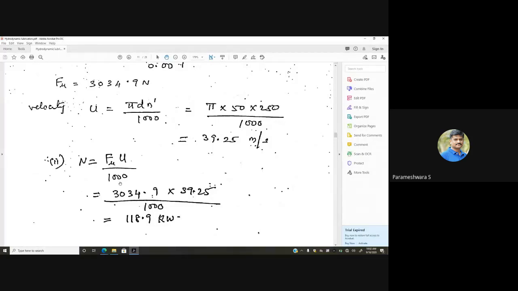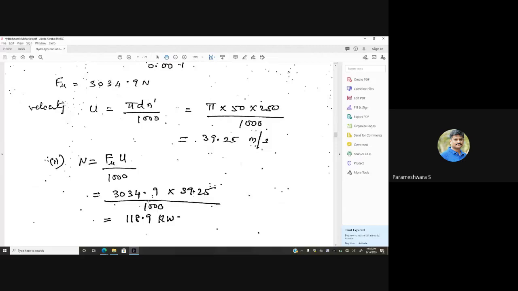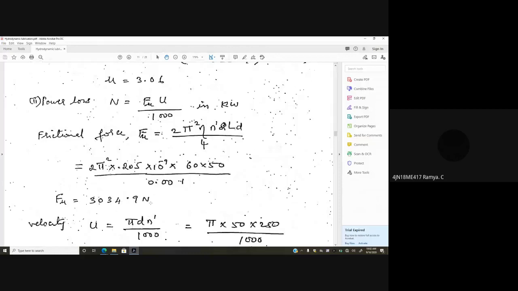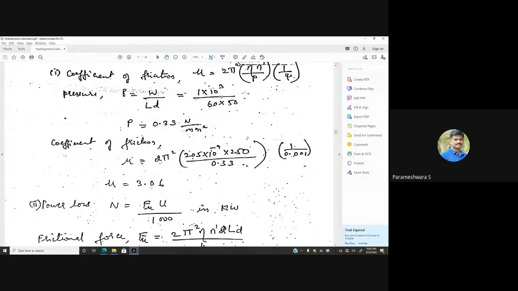So probably you are telling the frictional force. 3034.9 Newton. Velocity is 39.25 meters per second. So put that value over here, and that gives you the power loss. How much is the coefficient of friction? 3.06. Is it right? Coefficient of friction?